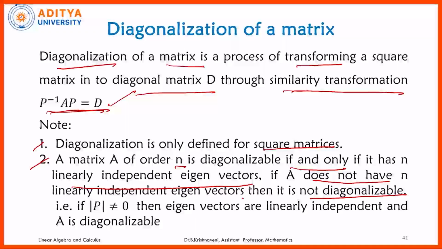That is, if determinant of P is not equal to 0, then the eigenvectors are linearly independent and A is diagonalizable.